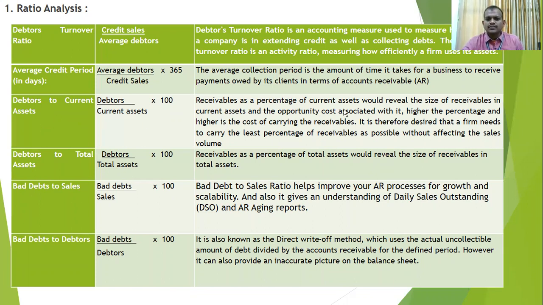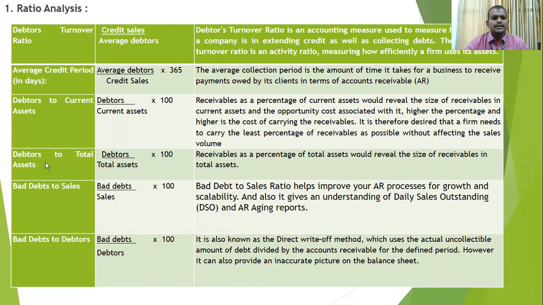Receivables as a percentage of current assets would reveal the size of receivables in the current assets and opportunity cost associated with it. Higher the percentage, higher is the cost of carry of the receivable. It is therefore desired that a firm needs to carry the least percentage of receivables as possible without affecting the sales value.